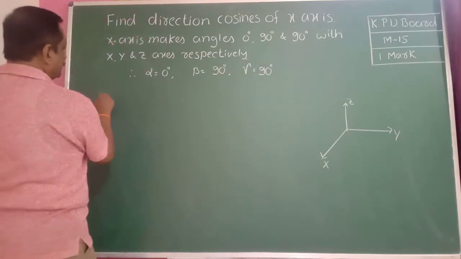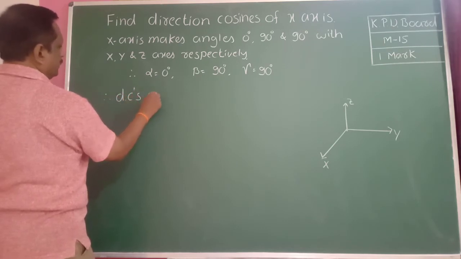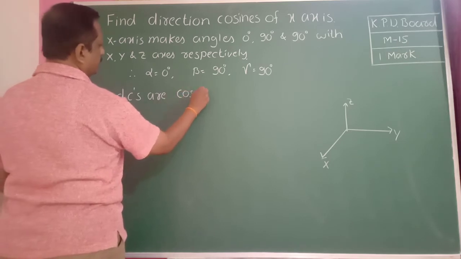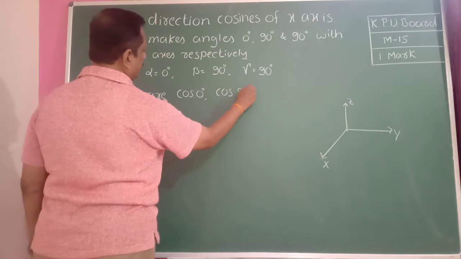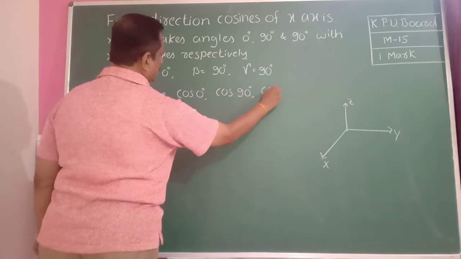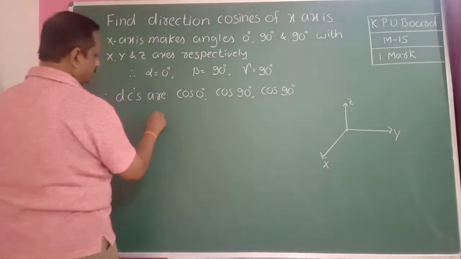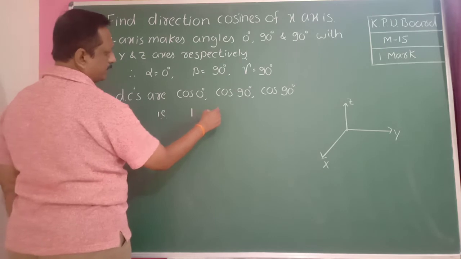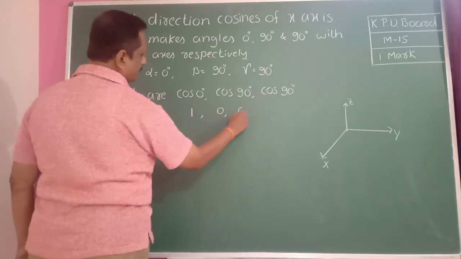Therefore direction cosines are cos of 0 degree, cos of 90 degree and cos of 90 degree. So cos 0 degree value is 1, cos 90 degree is 0, cos 90 degree is 0.